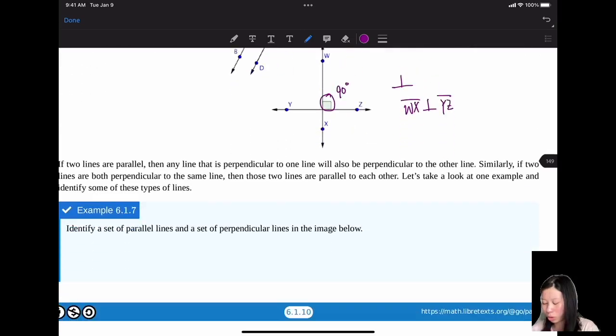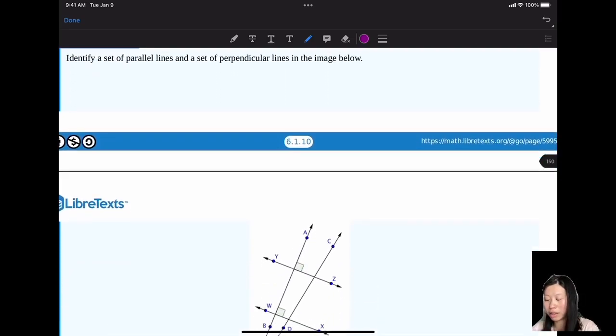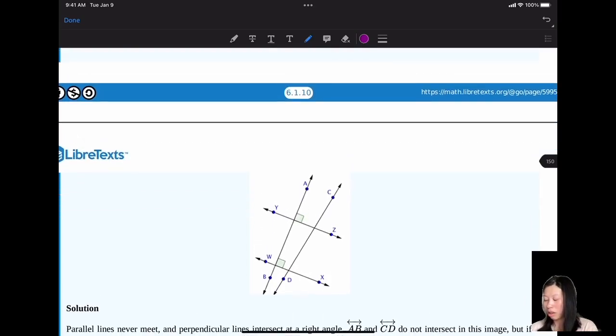Okay, so here's an example. Identify the set of parallel lines and the set of perpendicular lines. Which ones are perpendicular? The perpendicular ones are not hard to find, right? Here you see that two lines form a 90 degree angle, so these two lines are perpendicular.